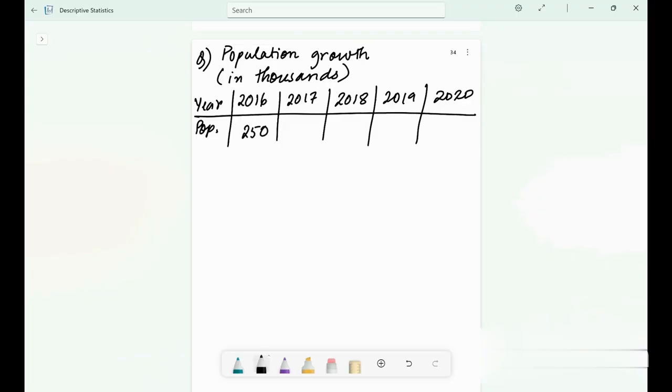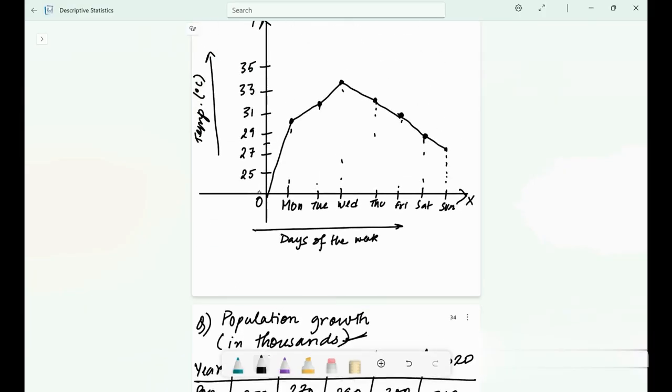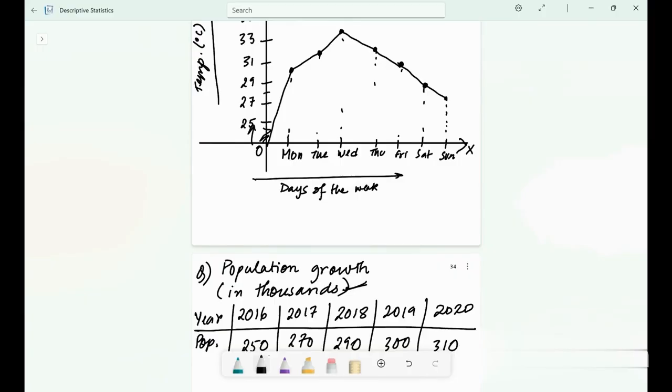Population is 250,000. The scale is in 1000. The values are 270, 290, 300, and 310. You can also give a kink here if you would like, because the values are different from 0 to 25, right?